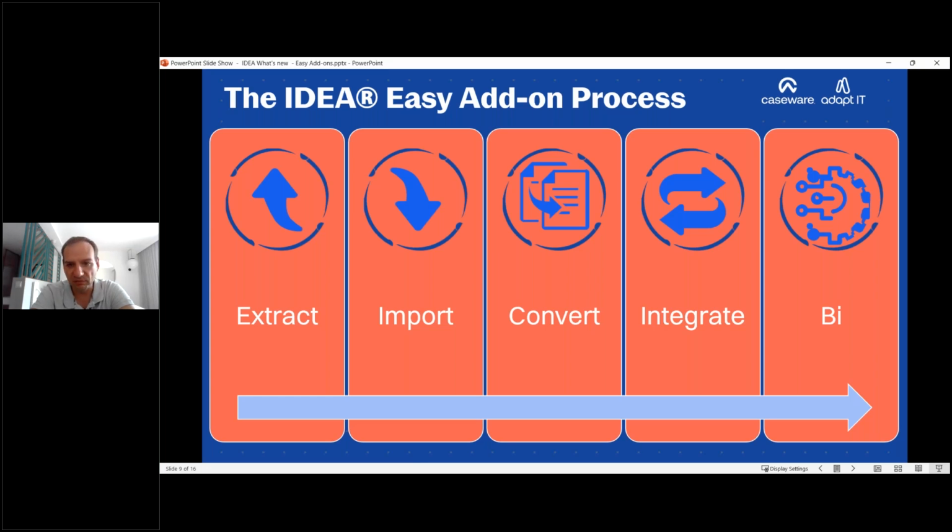Then we have integrate, and within integrate, we bring in the testing and integrate the results into Caseware Working Papers. So it's no longer linked to your audit methodology. We have developed certain procedures already: general ledger procedures, trial balance, GL comparisons, those types of things. That doesn't link to any methodology. And because you're integrating it, you can then do those tests.